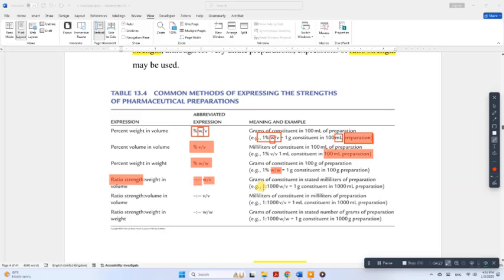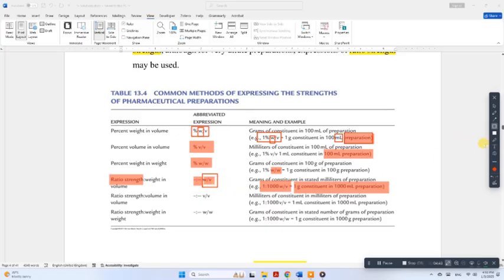If it is 1:1000, it will be 1 gram in 1000 ml. If it is 1:100, what is this 100? Is it the other compound, B, or is it the mixture? No. In this case, when I say W/V, since I added it, then it means the mixture, the preparation is in 1000.